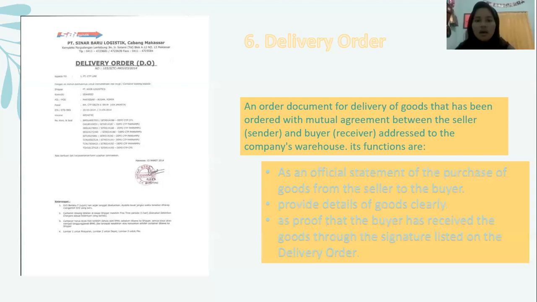Number two, provide details of goods clearly. Number three, as proof that the buyer has received the goods through the signature list on the delivery order. And this is an example of the document.